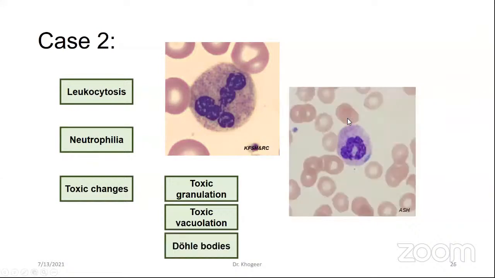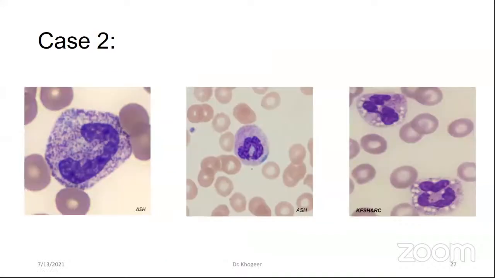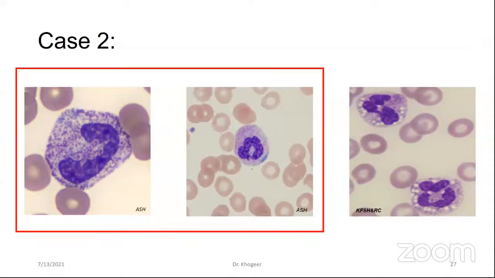The third change is Döhle bodies. Basically, these are blue or gray-blue, round to elongated inclusions found at the periphery of the cytoplasm near the cell membrane. Either toxic granulation or Döhle bodies, if present in an individual neutrophil in isolation, are sufficient to designate a neutrophil as toxic.